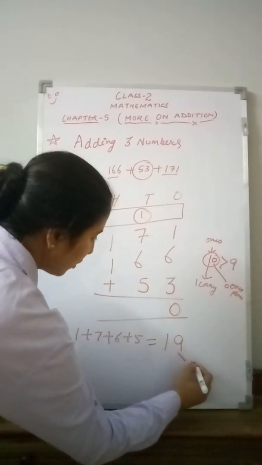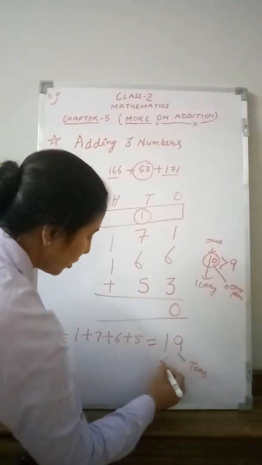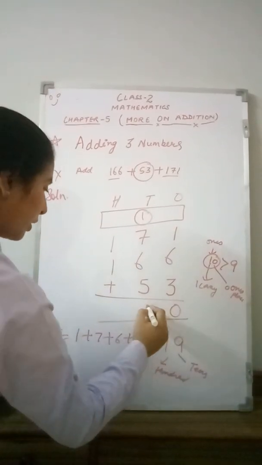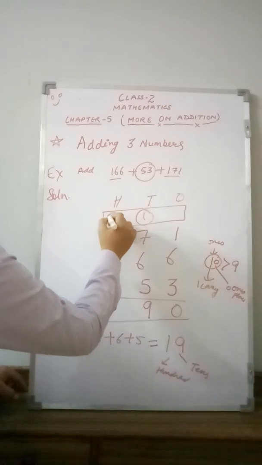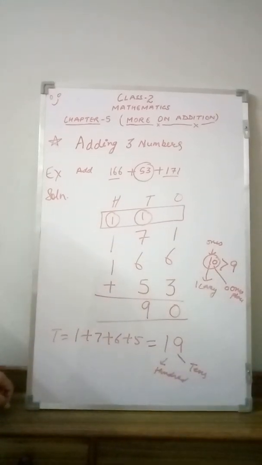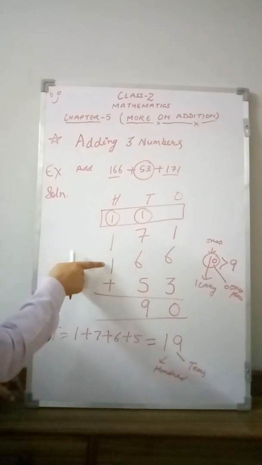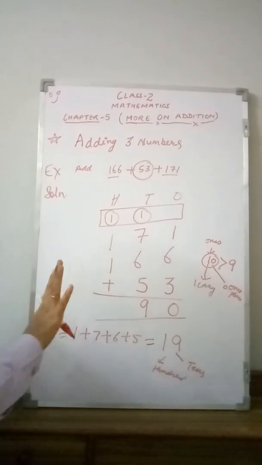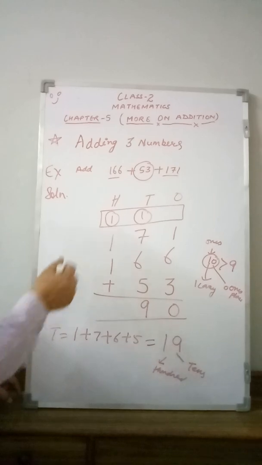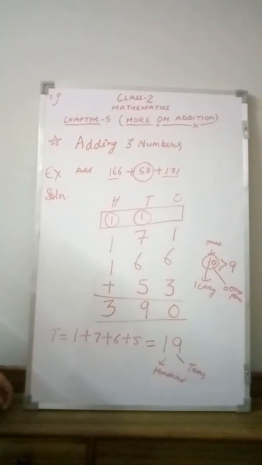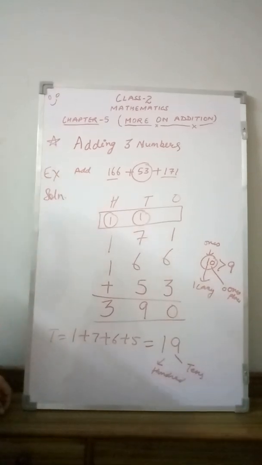So again 9 is on the tens place and 1 is carried to the hundreds place. Now let's start adding the hundreds place numbers: 1 plus 1 is 2, plus 1 is 3, and here there is no number, no need to write any number. So this is the sum. In this way you can add 3 numbers of 3 digits.